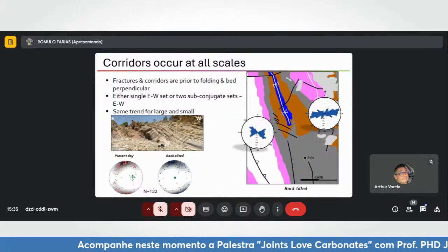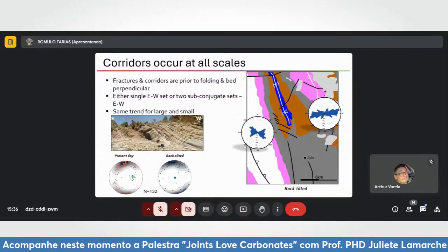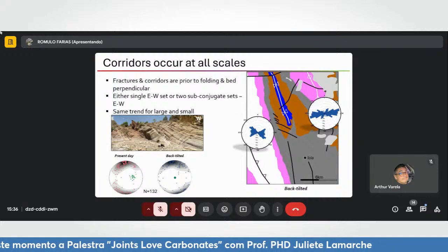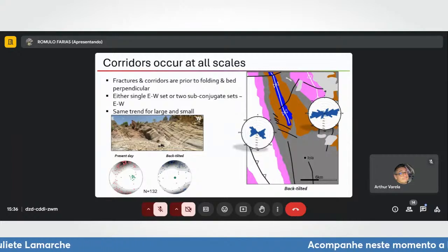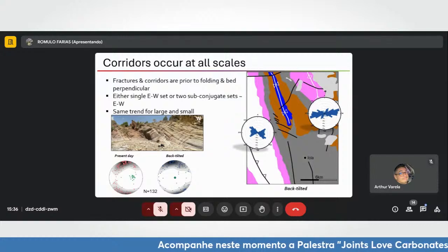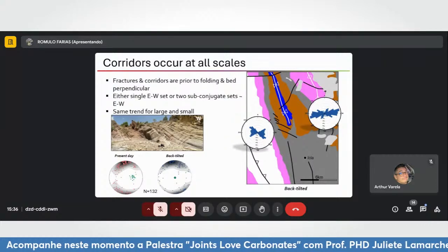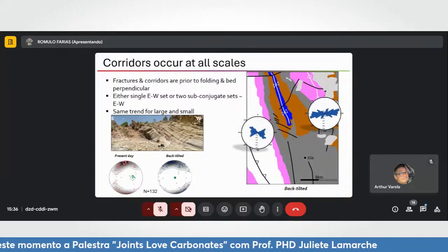They are either east-west sets, like here, or two subconjugate sets, like here, or both. And they have the same trend for large corridors, small corridors, diffuse fractures, or big corridors. So every fracture has parallel sets.